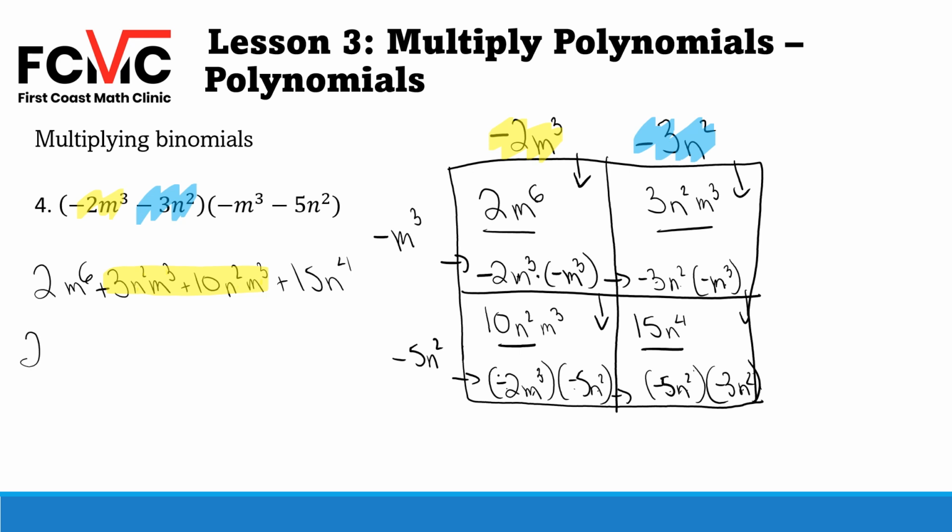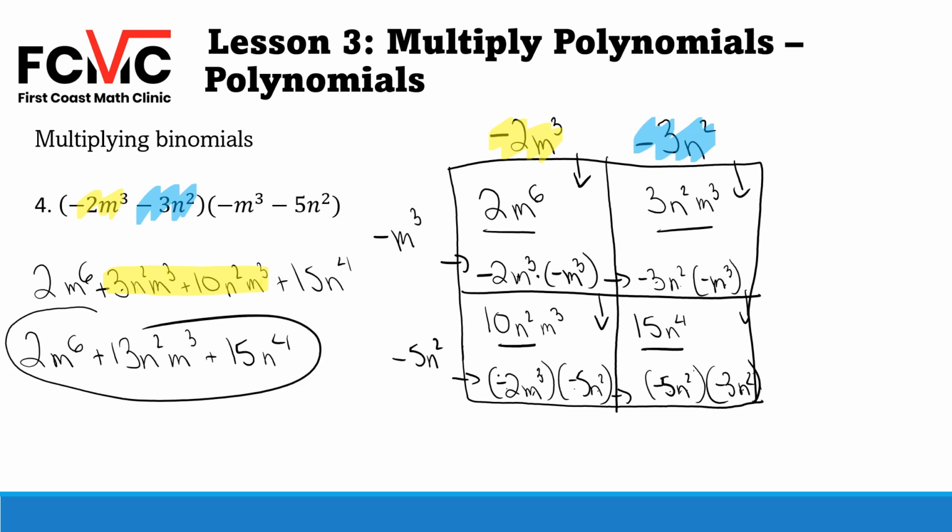So I'm going to bring down the 2m to the 6th, 3 plus 10 is going to give us 13n to the second, m to the third, plus 15n to the fourth, and this is going to be our final answer for multiplying our binomials, okay?